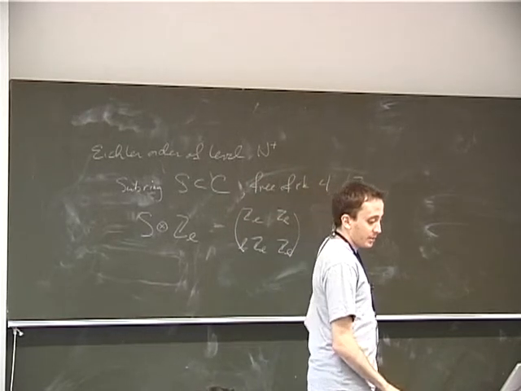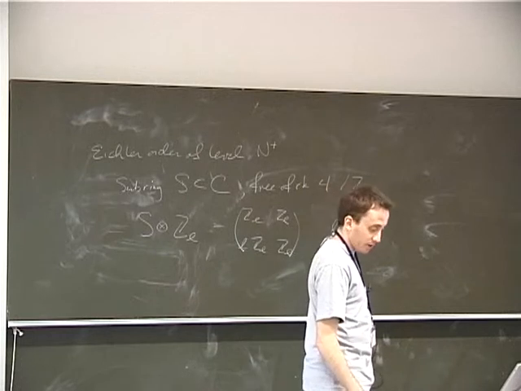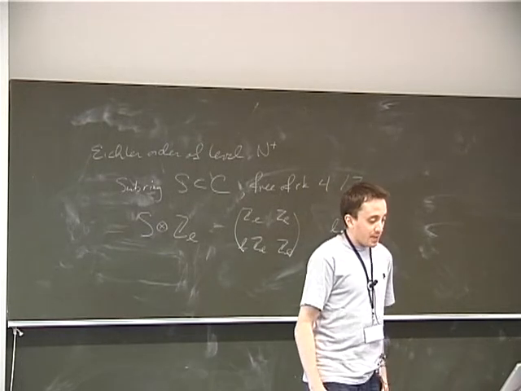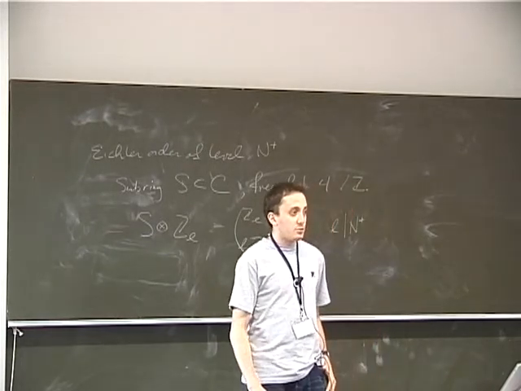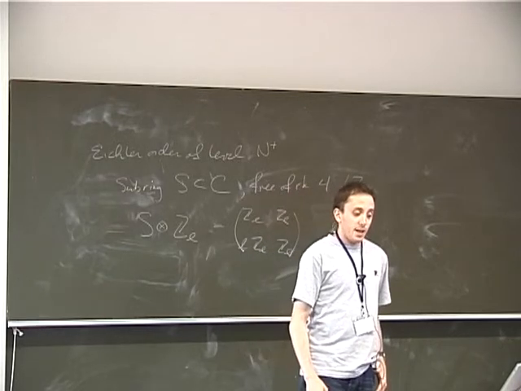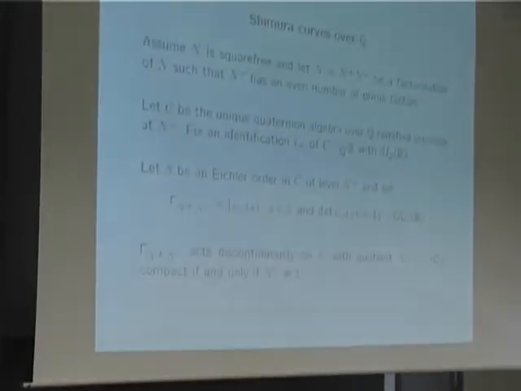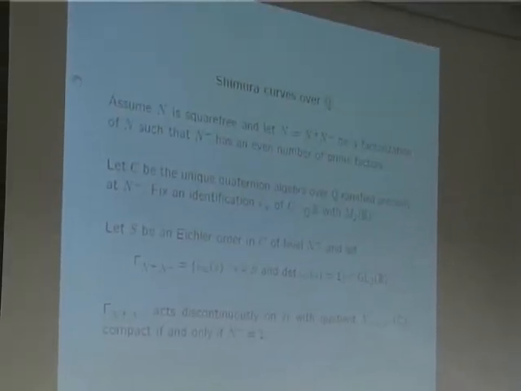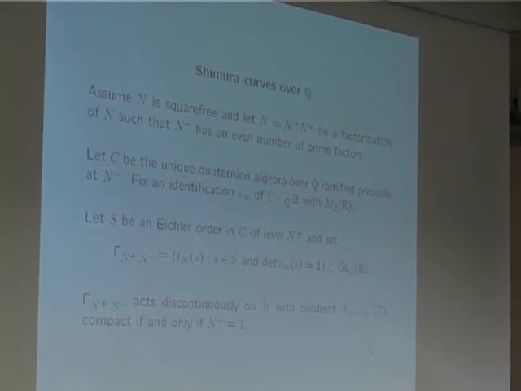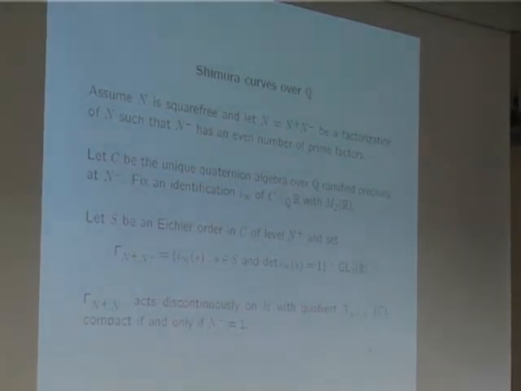And this sits inside GL2 of R, actually SL2 of R. Now this group, gamma n plus n minus, acts discontinuously on H and has quotient, which we denote X sub n plus n minus of C. And this is compact exactly when there's some ramified finite place, exactly when n minus is not equal to 1.